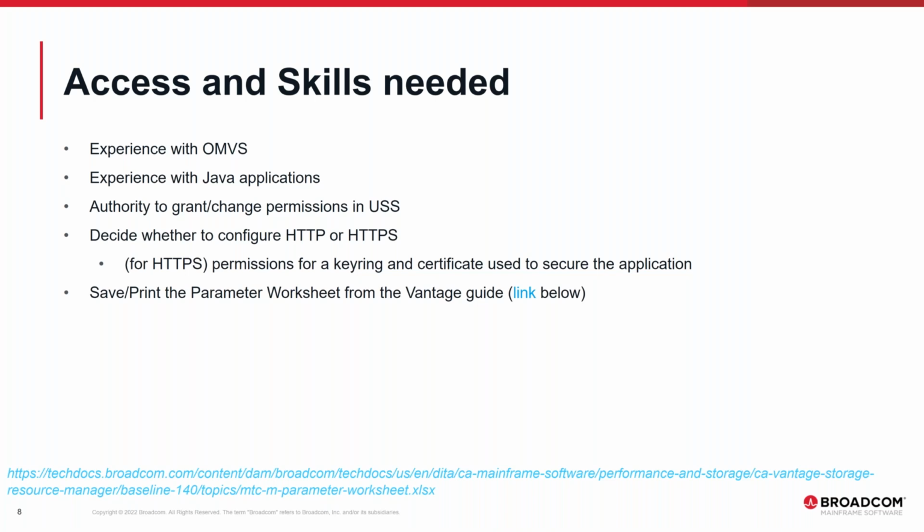But typically, you won't have any problems with Java errors. And then probably the more important is getting the authority to run the shell script within OMVS, to change permissions within the Vantage GMI directory, and making sure that all the procedures have the right security access.